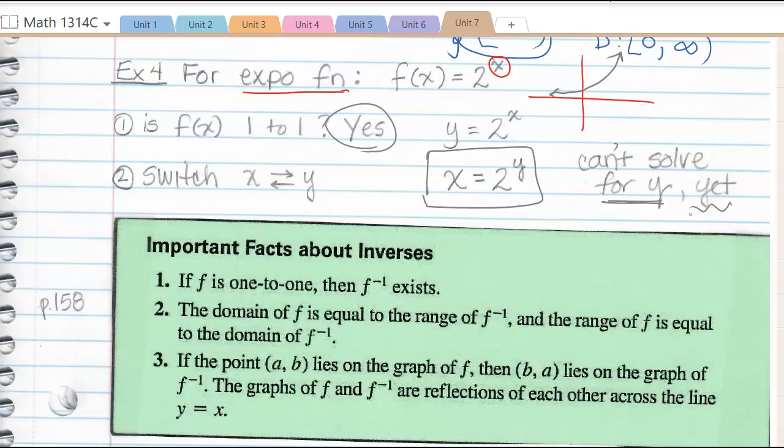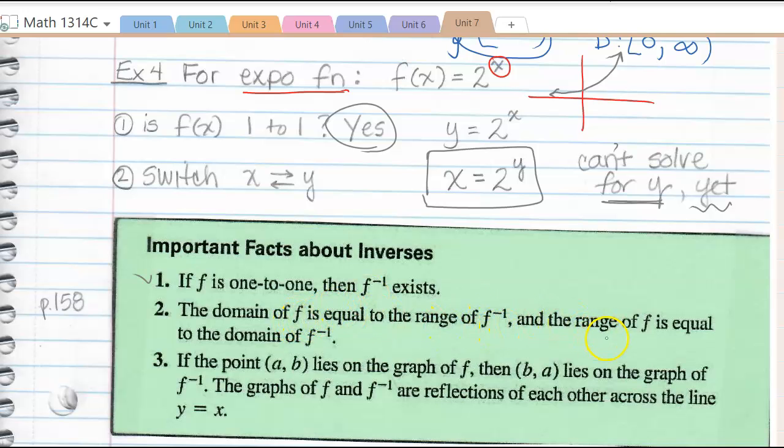The last thing I want to mention is the important facts about inverses. We know that if we have a function that is one-to-one, then the inverse function exists. The domain of f is equal to the range of its inverse, in other words, we just figured that out, that the domain of one is going to be the range of the other.